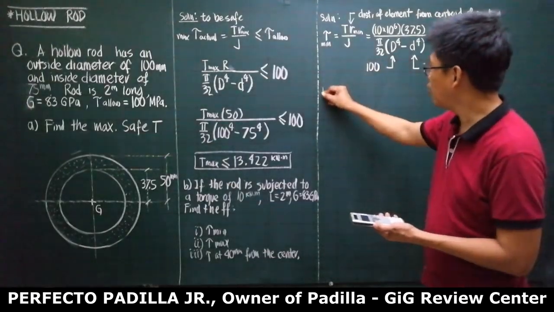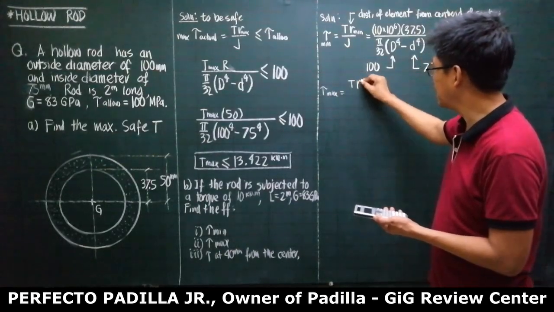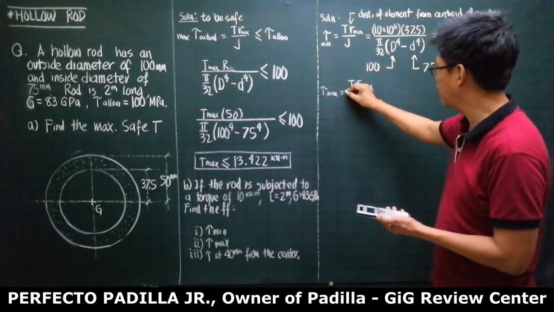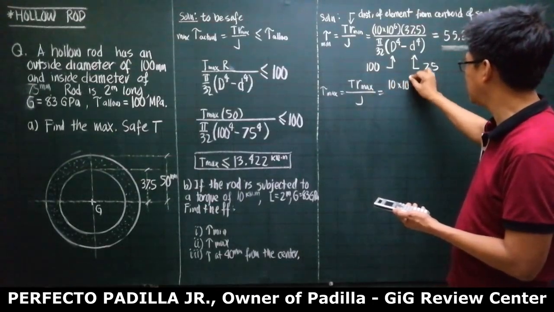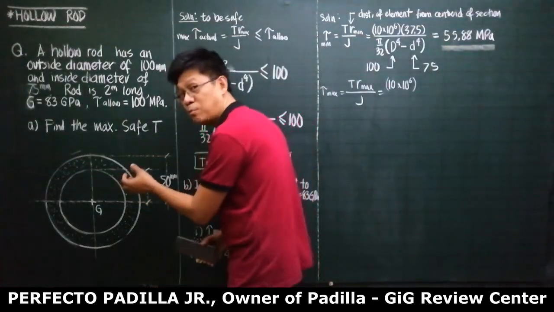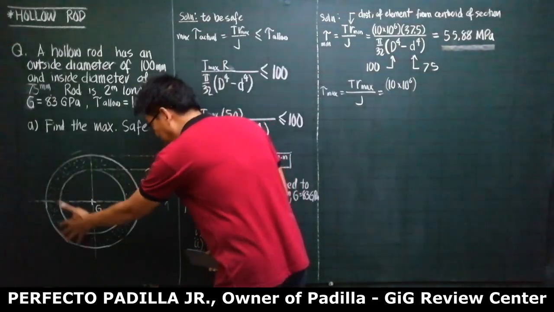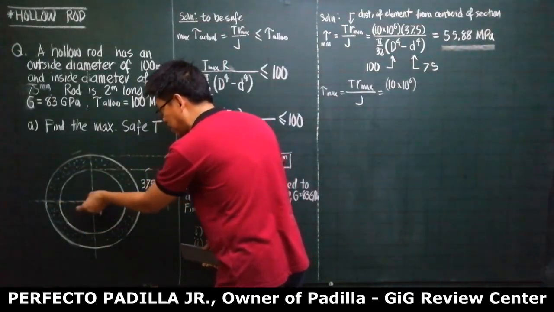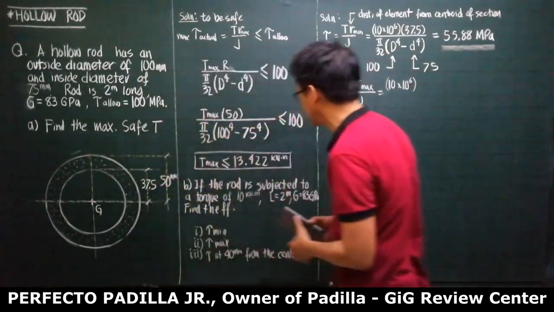While our tau maximum must be equal to T R max over J. And this is 10 times 10 to the 6. The R max, the maximum or farthest distance of any point on the section from the centroid, is R outer, which is 50.